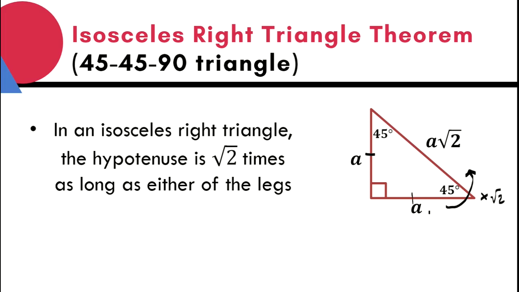So again, if the given is the leg, just multiply it by square root of 2 to get the hypotenuse. But if the given is the hypotenuse and you want to determine the leg, you divide the hypotenuse by square root of 2 to get the measure of the legs.